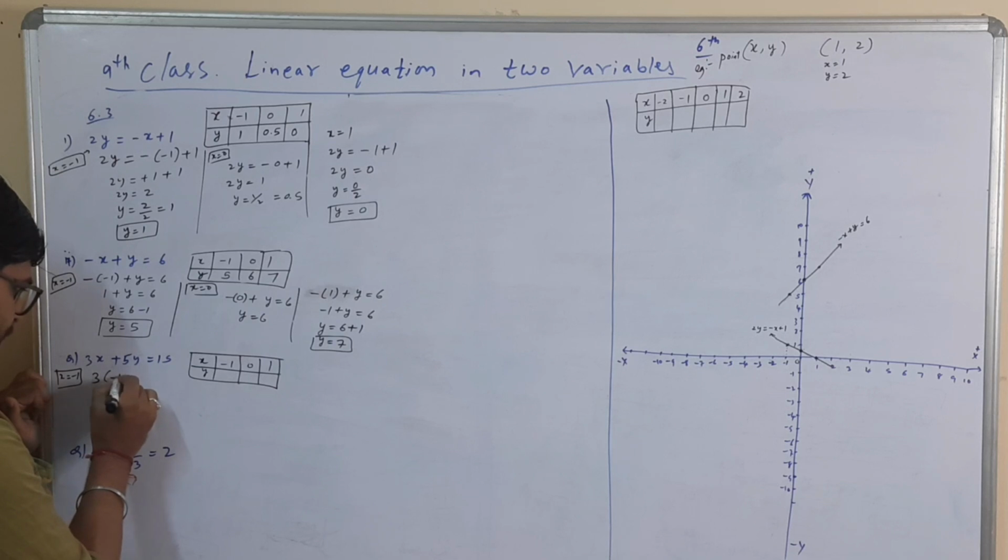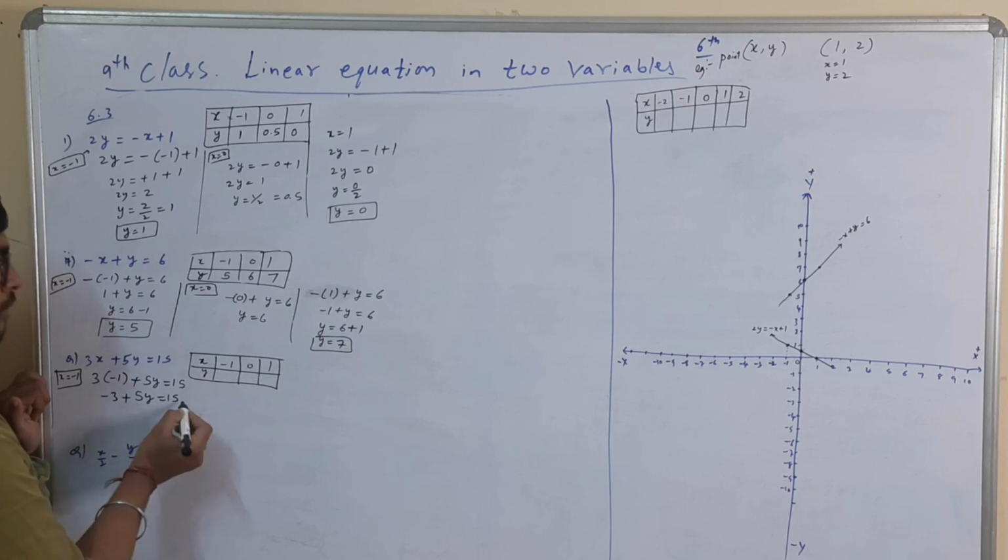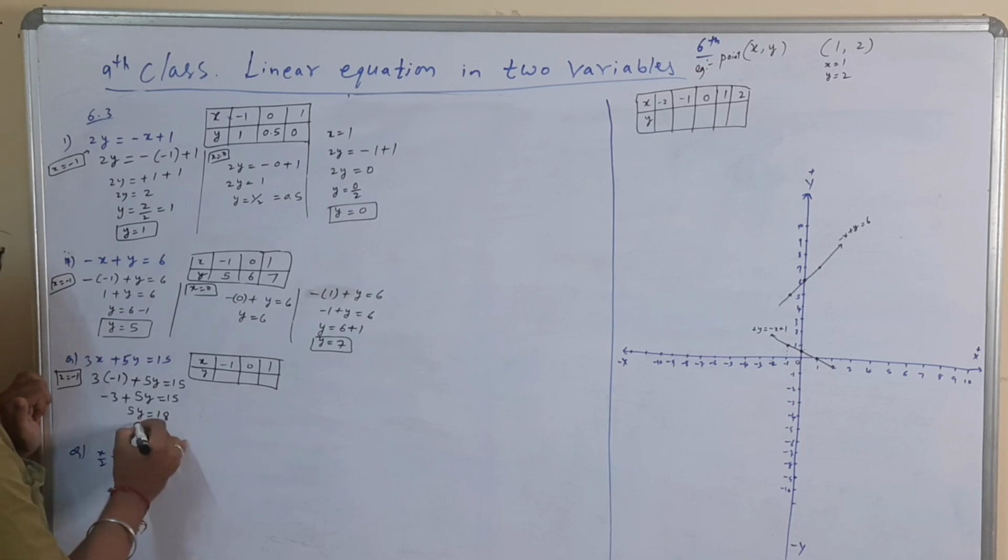3 times minus 1 plus 5y is equal to 15, so minus 3 plus 5y is equal to 15. This minus 3 goes to the other side, 15 plus 3, so y is equal to 18 by 5.